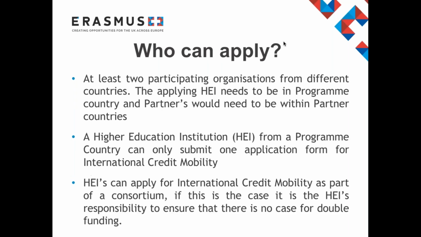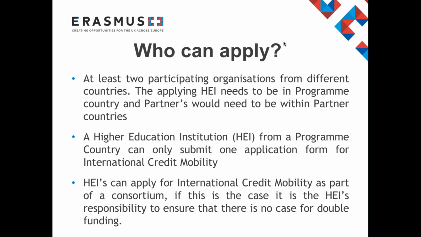There must be at least 2 participating organizations from different countries. The sending HEI would have to be in a program country, and the partner would need to be in a partner country. A higher education institution from a program country can only submit one application if they are applying as an individual institution.